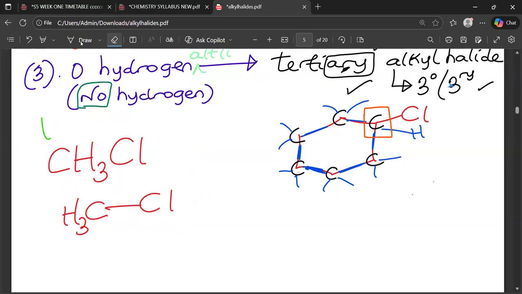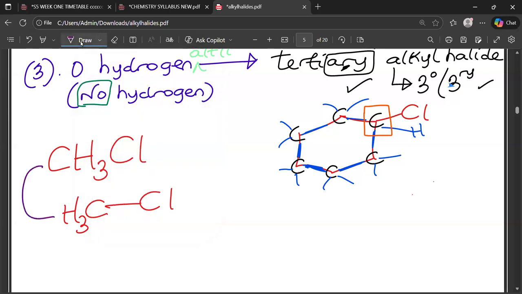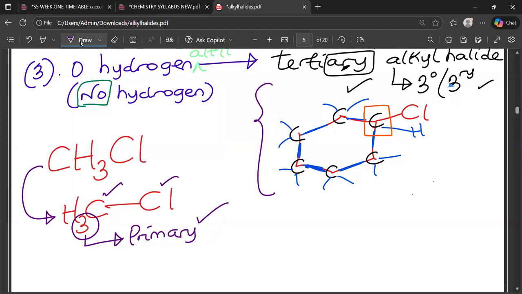So using the reasoning that we know, you can realize that this first structure, chloromethane, before I even go to the nomenclature, the carbon having the Cl has 3 hydrogens. So these 3 hydrogens make it primary. So it is a primary alkyl halide. When I go to this structure, I'm going to teach you the names, don't worry.